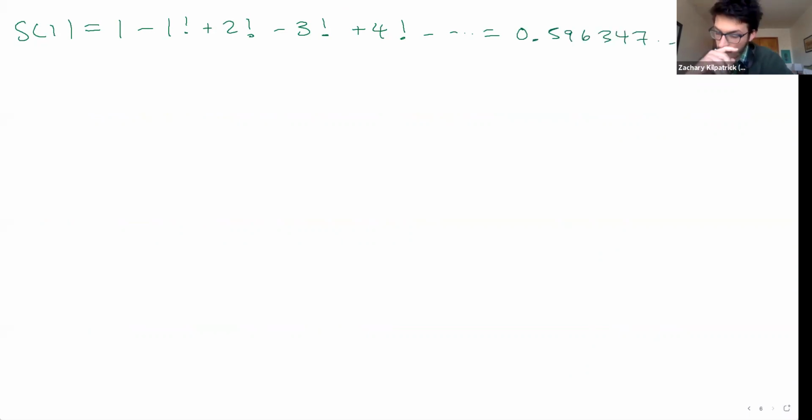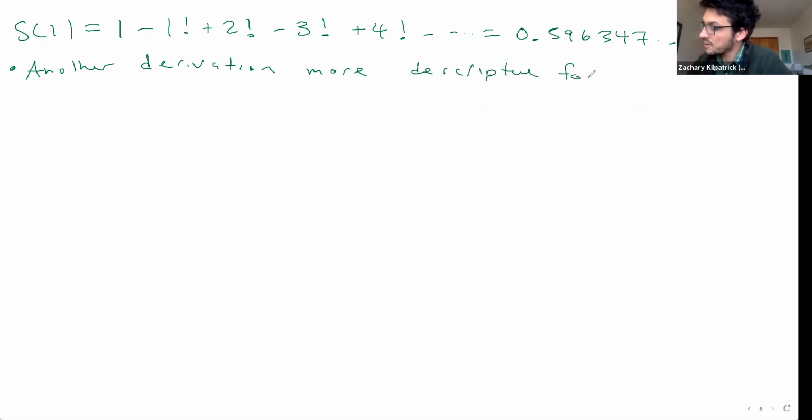It's some irrational number. Curious. So we'll get to what's under the hood here. I also want to point out another derivation that's more descriptive for us.